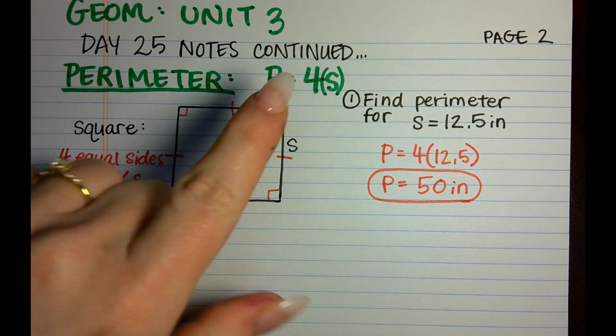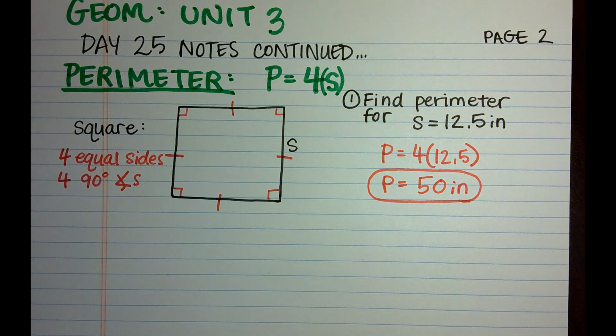So that's our first formula. To find the perimeter of a square, we do 4 times the side length.